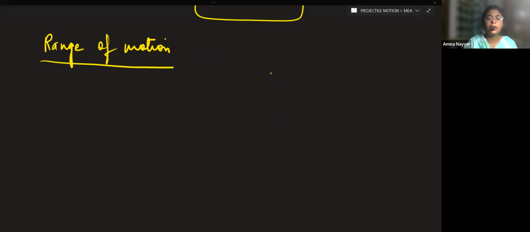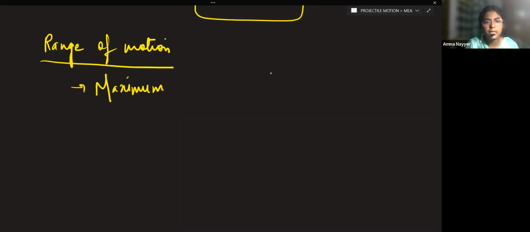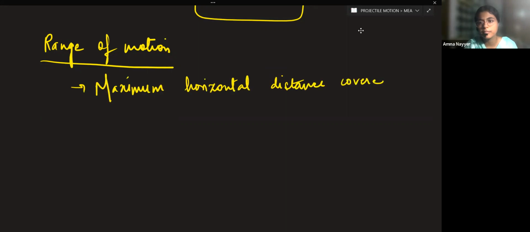Okay, now range of motion. So it's again the maximum horizontal distance covered. Now we'll use obviously the x equation because we are trying to find out the range of motion. So ut plus half at square only we'll use, but here everything will be in terms of x.